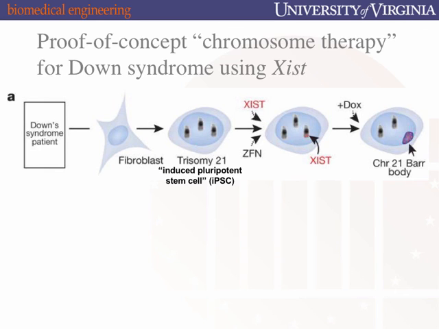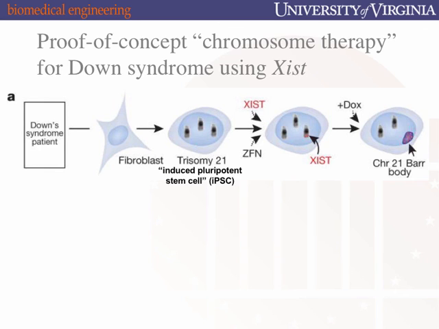What these investigators did was take a skin biopsy from a Down syndrome patient, fibroblasts. Professor Barker talked about fibroblasts. Yes? Okay, so they're important for scarring, ECM, but there's plenty in your skin.